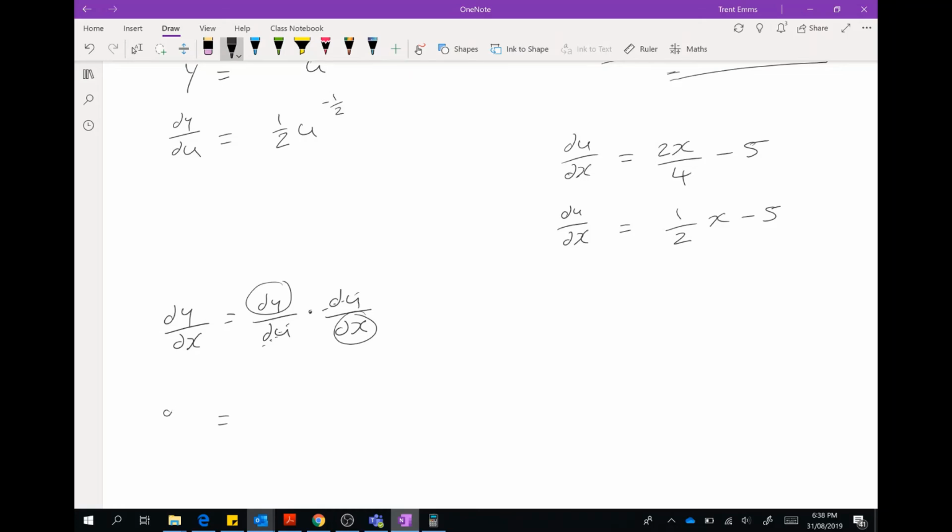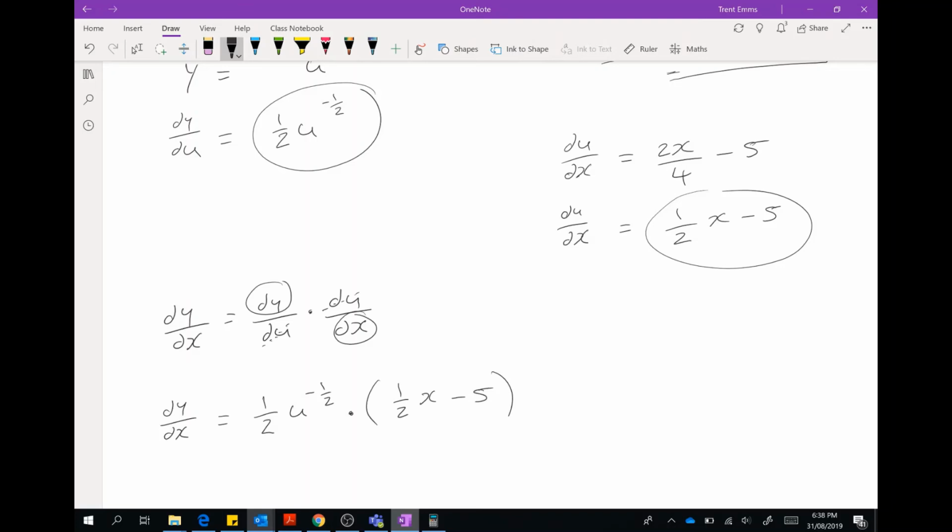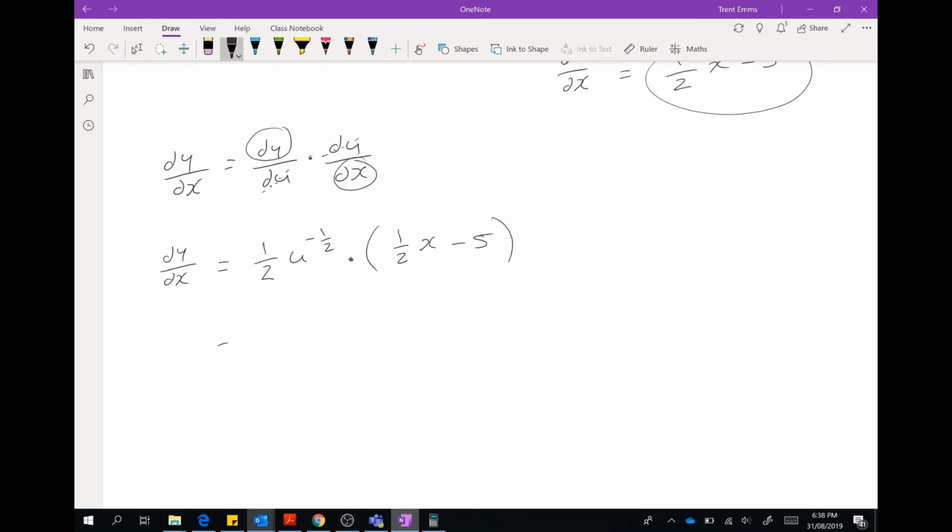Plugging in the things we have, we're going to have dy by du is this part here, 1/2 u to the negative a half, multiplied by all of this here, a half x minus 5. So I'm going to make that look a lot neater.